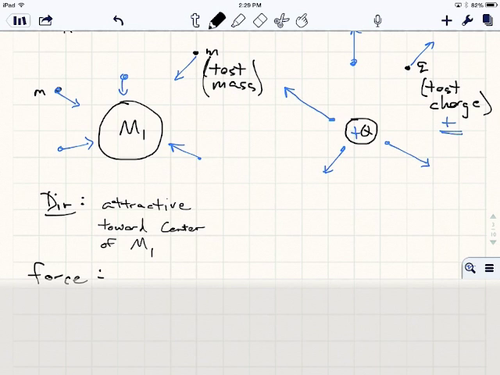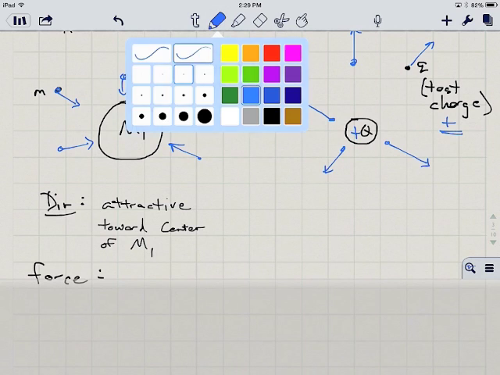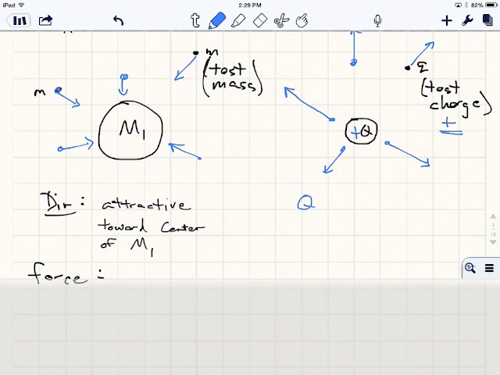Now what we said for the electrostatic force is that if the central charge is positive, then the electric field is going to be directed away from that charge. If the central charge is negative, then the electric field is always going to be directed towards the charge.